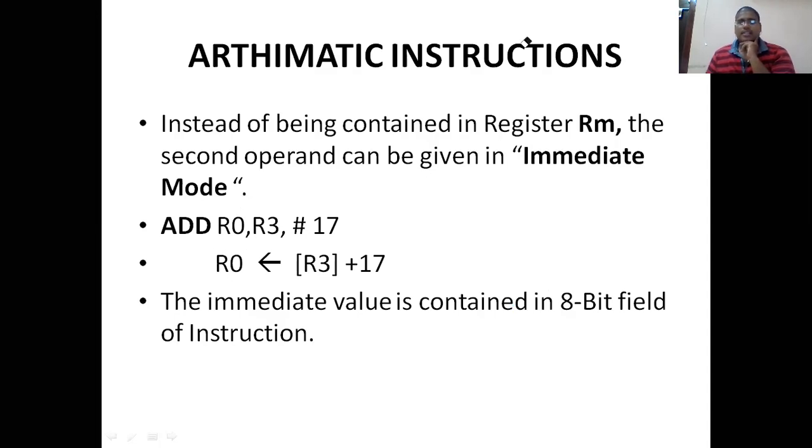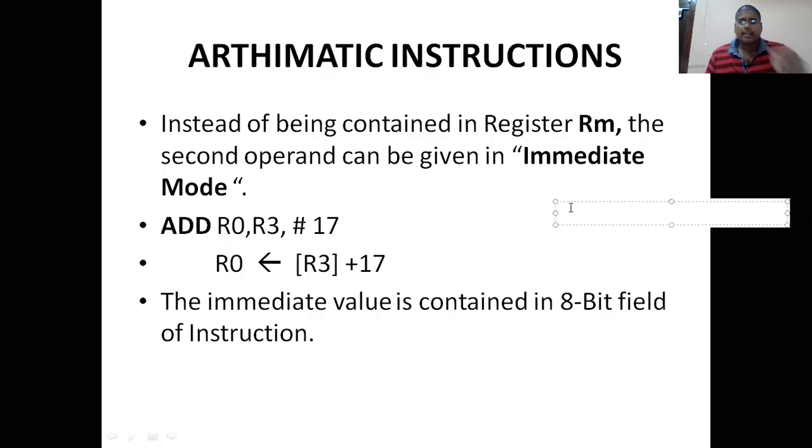So let us consider that the R3 register has a value of, let's take, 415H. As we know, it is going to be added with the immediate value 17H.